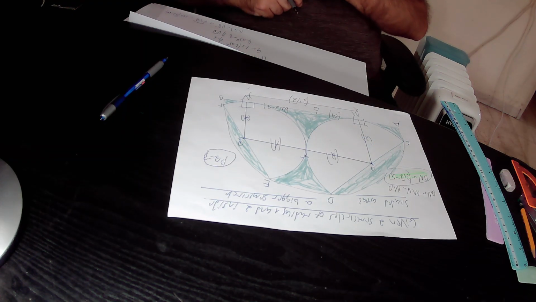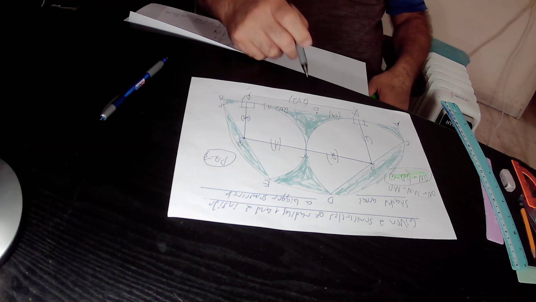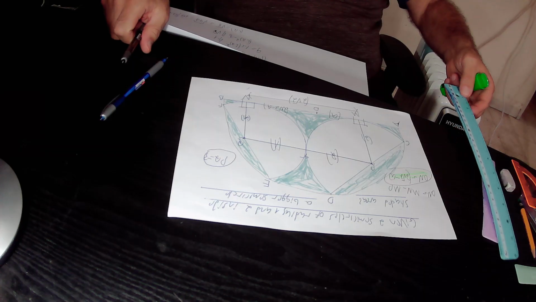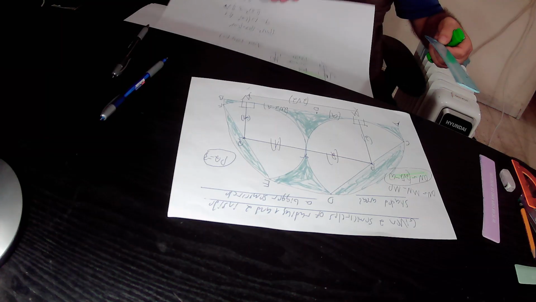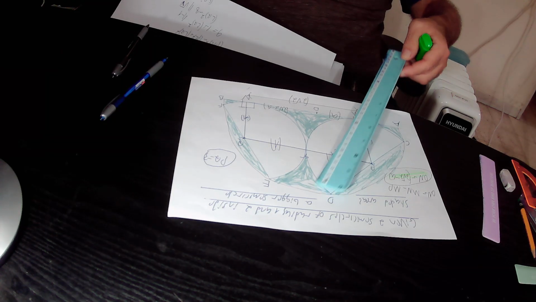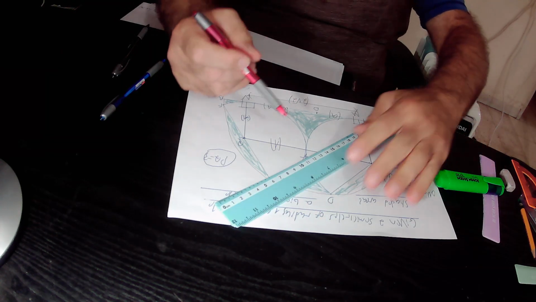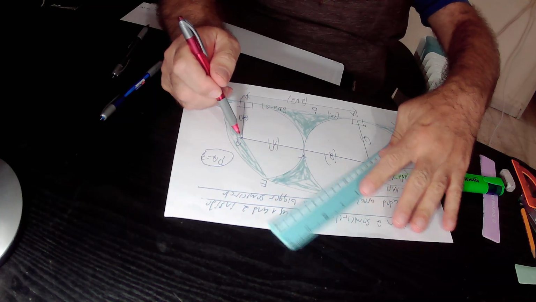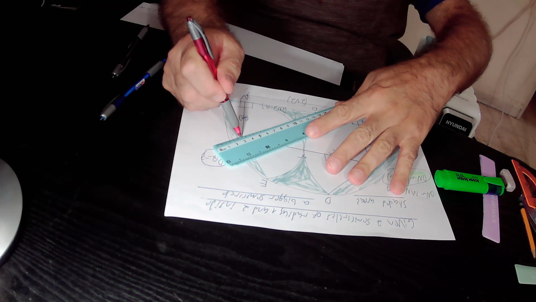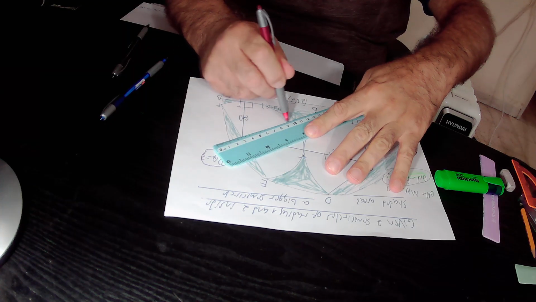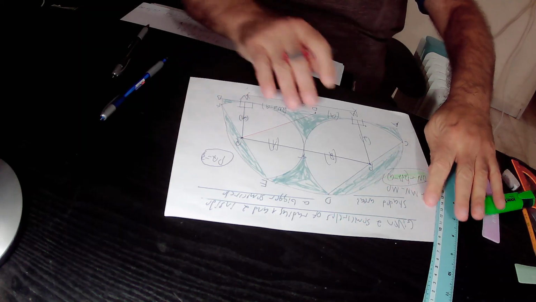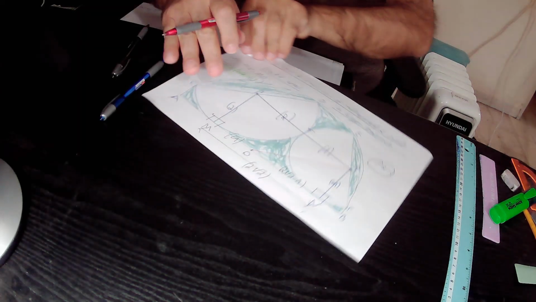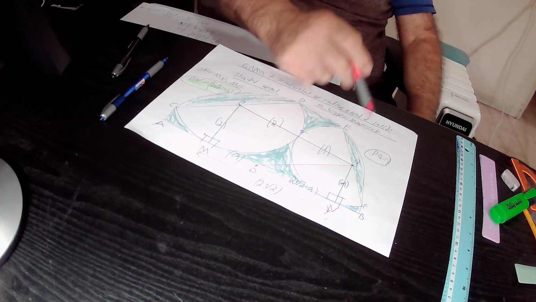In the next step, we will join points O and Q together by a straight line.